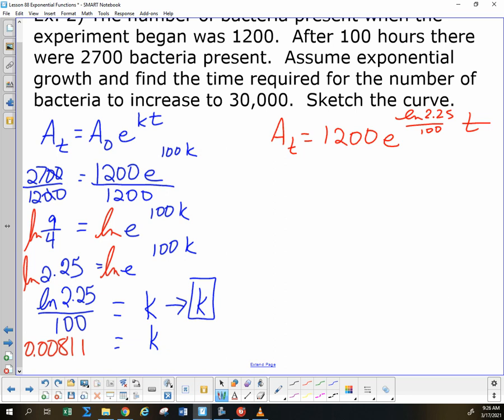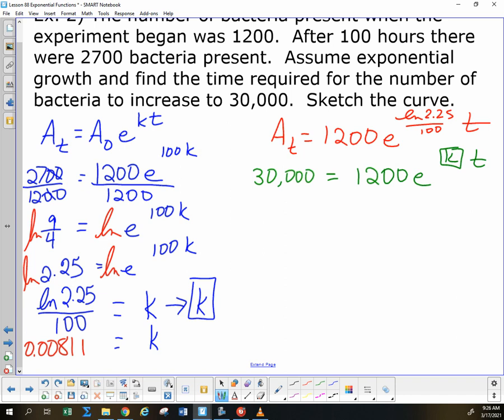What we need for this problem is we want to know how much time until we have 30,000. So we don't know what t is going to be this time around. But we want to put in 30,000 for this amount, and that's going to be 1200 e to our stored k times t.